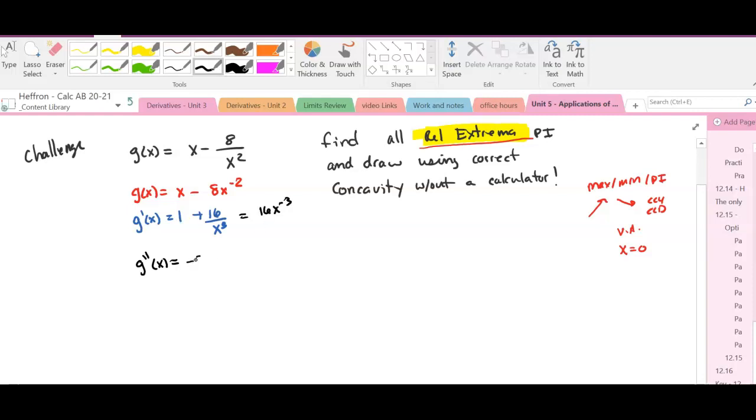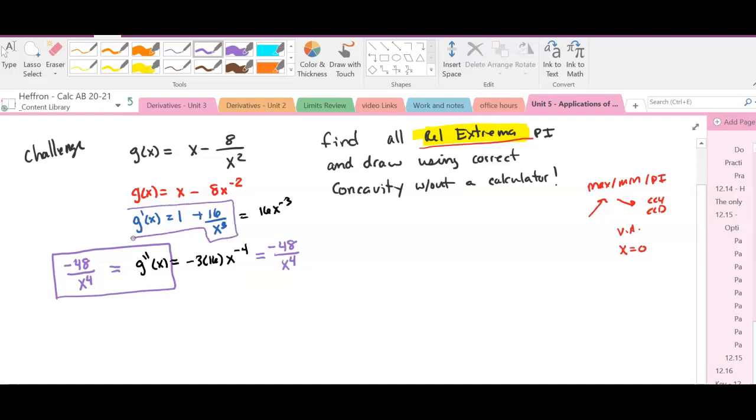So negative 3 times 16 x to the negative 4, or the second derivative is negative 48 over x to the 4th, and my first derivative was 1 plus 16 over x cubed.